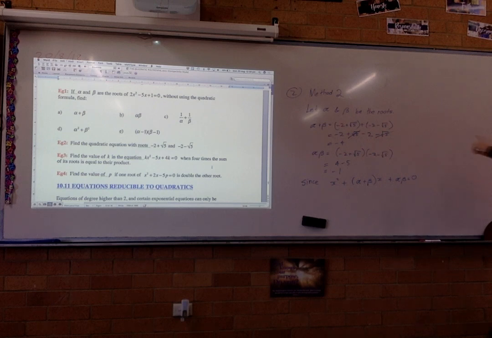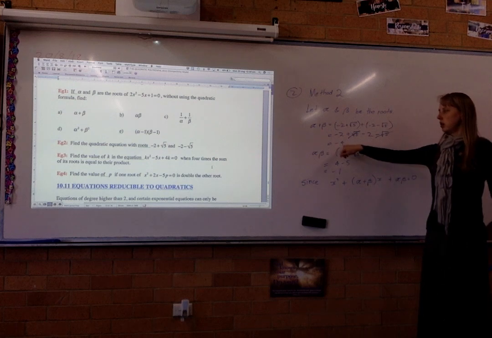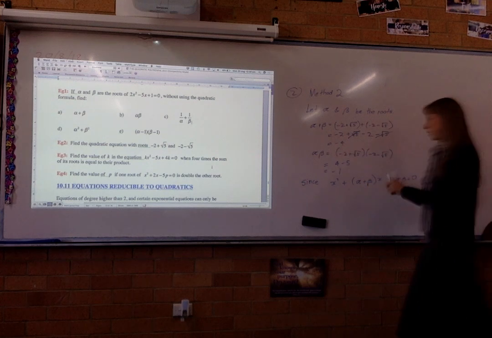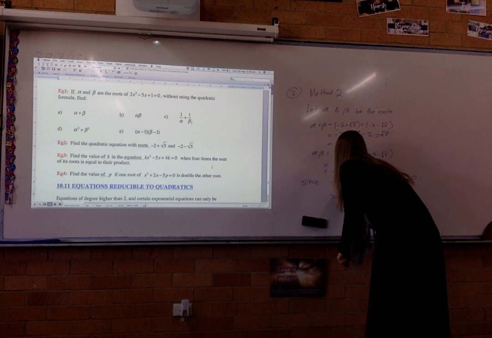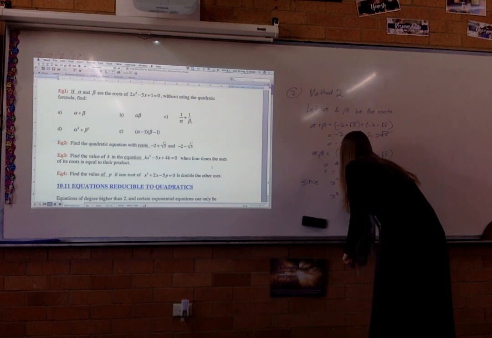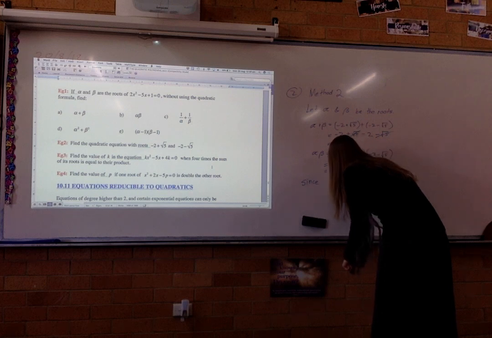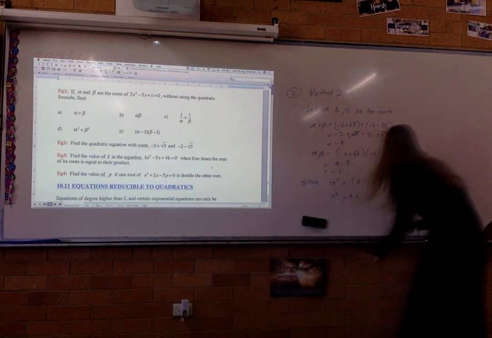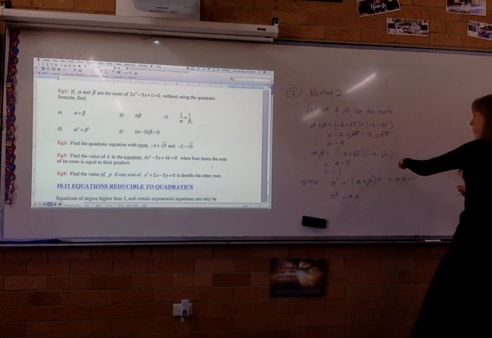And I happen to know now what alpha plus beta is. That is negative 4. So that's plus negative 4, which is just going to be minus 4x. That doesn't look like a square. Let me fix that up. Make that squared.